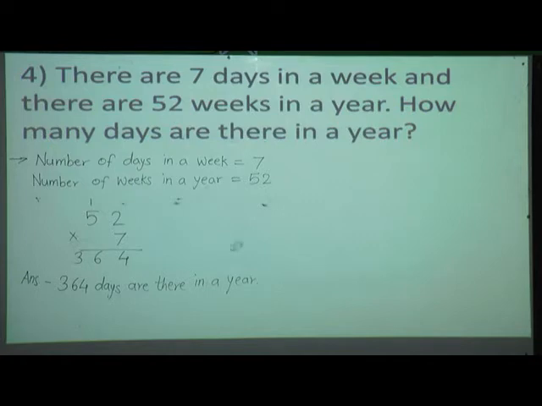So in this way you can solve this fourth example. Understood? Okay. Now see the next example. Fifth one. Read the question.